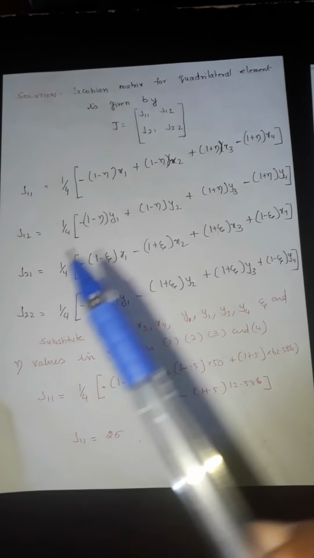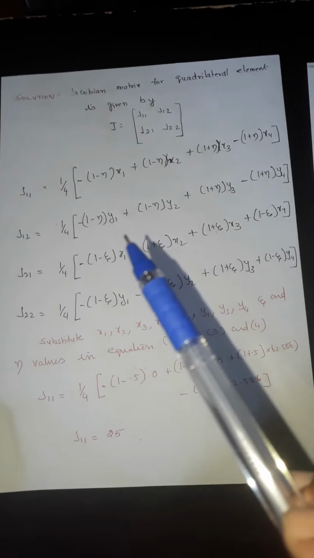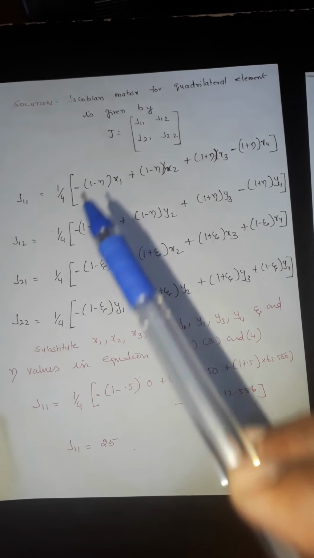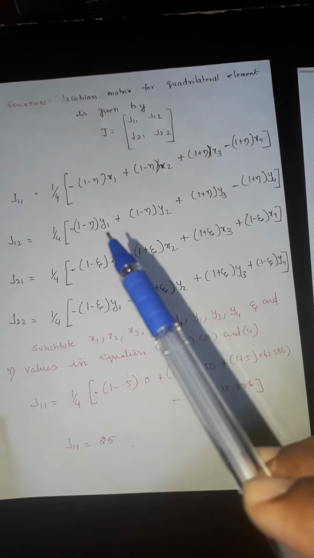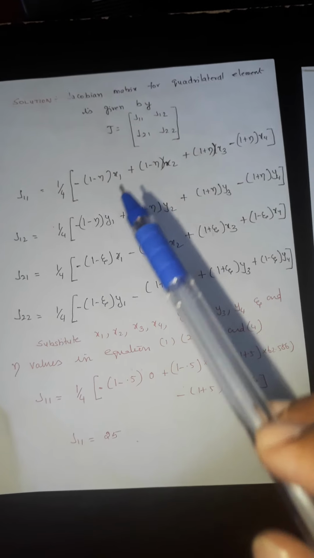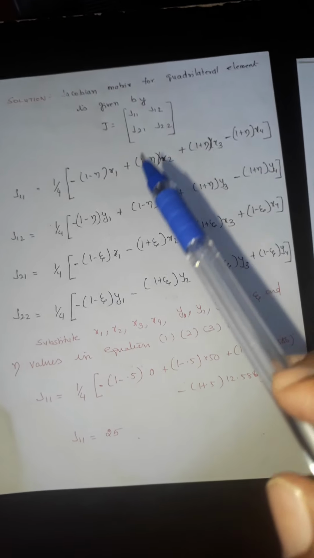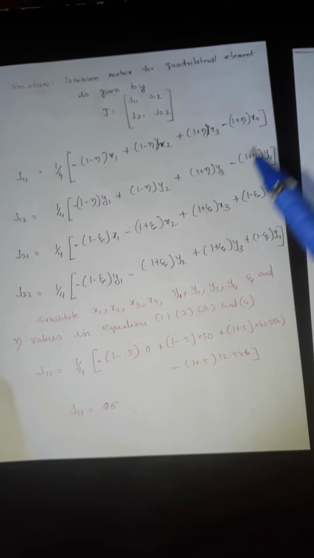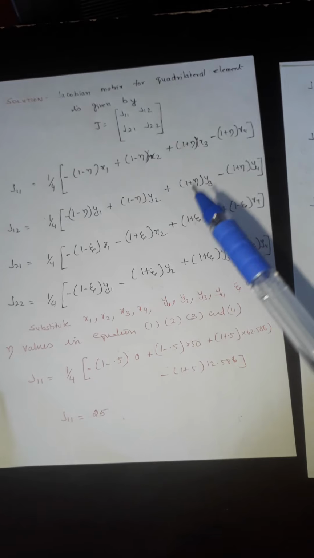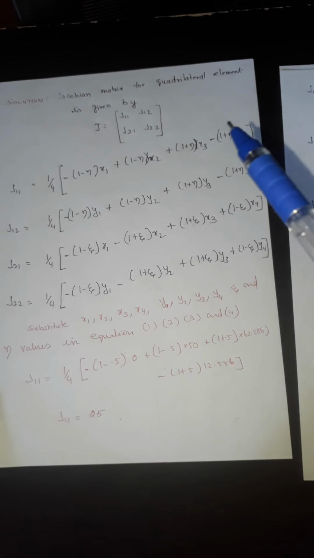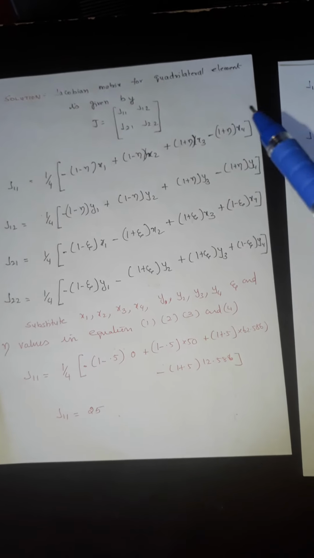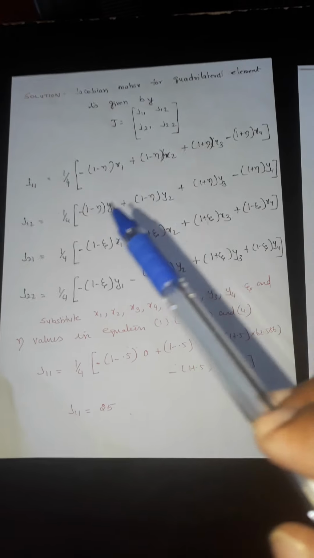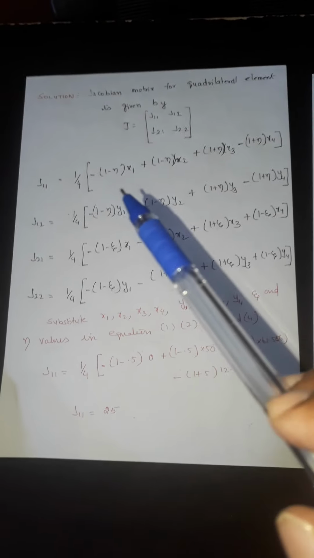This is the x coordinate; for the y coordinate, instead of x1 it will be y1, and so on: (1 minus eta) y2, (1 plus eta) y3, (1 plus eta) y4.